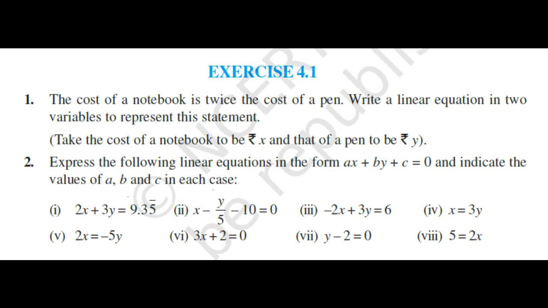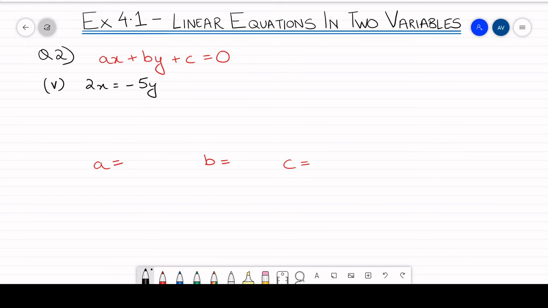The fifth part is the equation 2x is equal to minus 5y. Again, as usual, shifting the terms to the left hand side, we get 2x plus 5y is equal to 0. This shows us that a is equal to 2, b is equal to 5, and c is equal to 0.